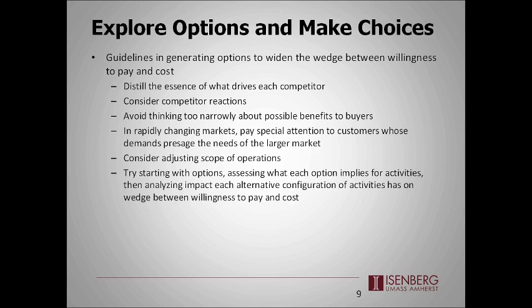Consider changes in scope, changing customers served or products offered. And finally, it might make sense to try reversing the activity analysis process suggested in the HBS note, starting with options, and then thinking about what each option implies for activities and for costs and willingness to pay.